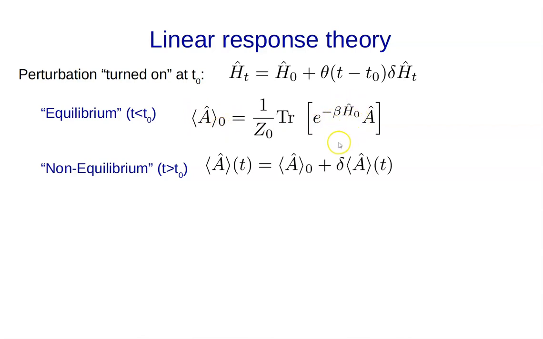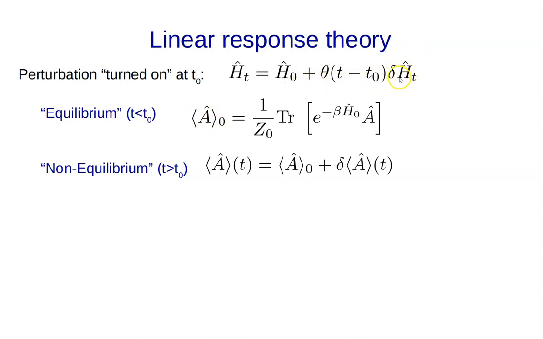Notice that here we're using the canonical ensemble to calculate this. So this is known, right, it is our value of equilibrium. And the question that we want to answer is what happens to this expected value when I turn on this perturbation.